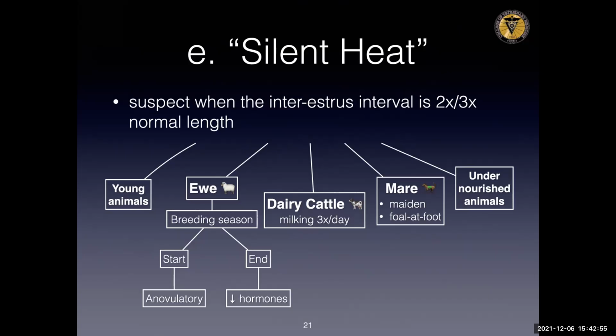Same as with the horses earlier, they really have this atypical estrus also. The sheep, starting at the start of the breeding season and to the end of the breeding season. So almost a similar approach as when you are dealing with horses. You really have to consider their breeding season.